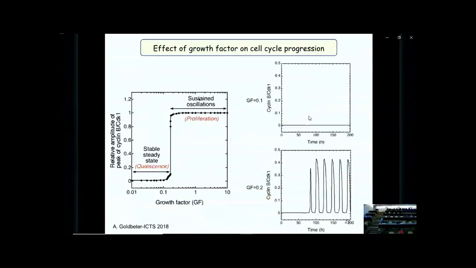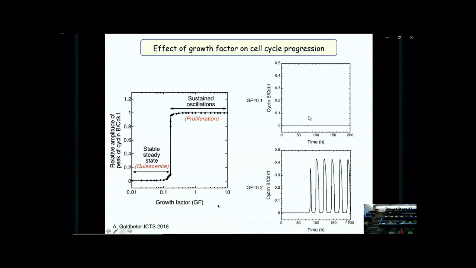And what I show here is the main result of the model, which is the effect of the growth factor on one of the variables, which is CDK1, shown here in the ordinate as a function of the level of growth factor.